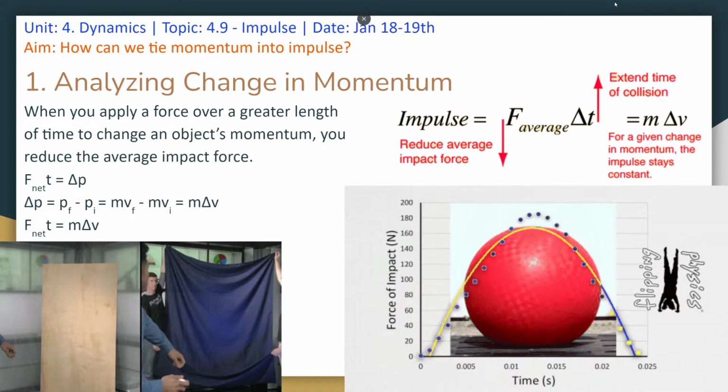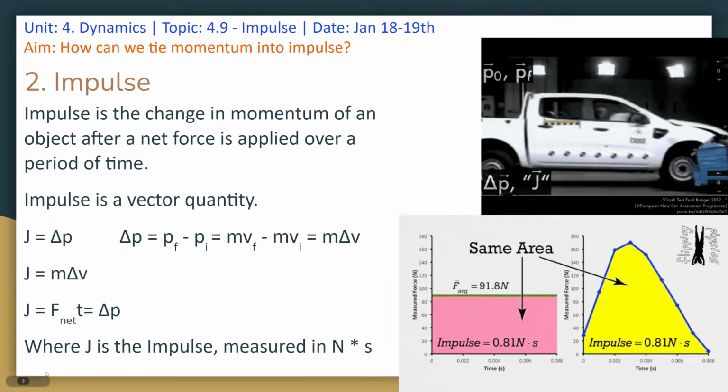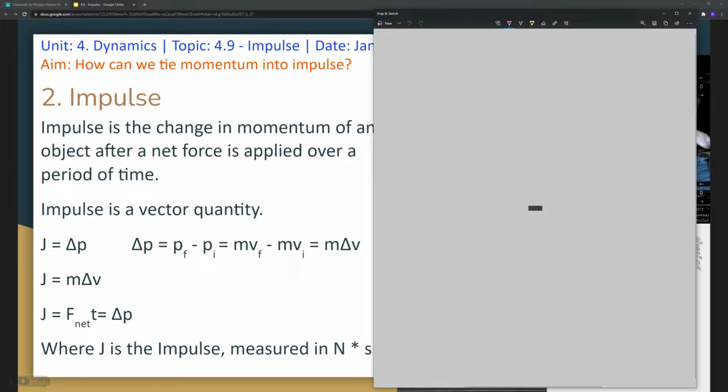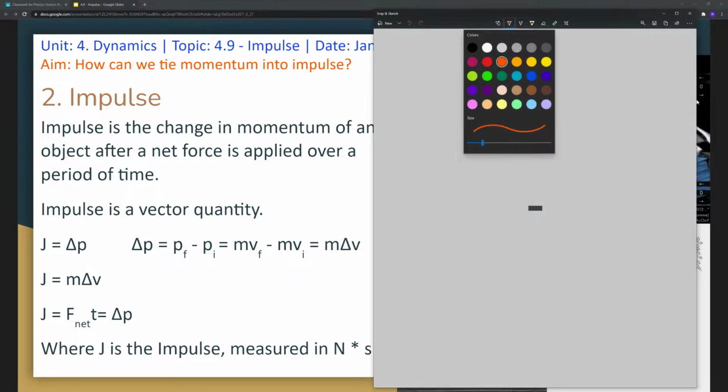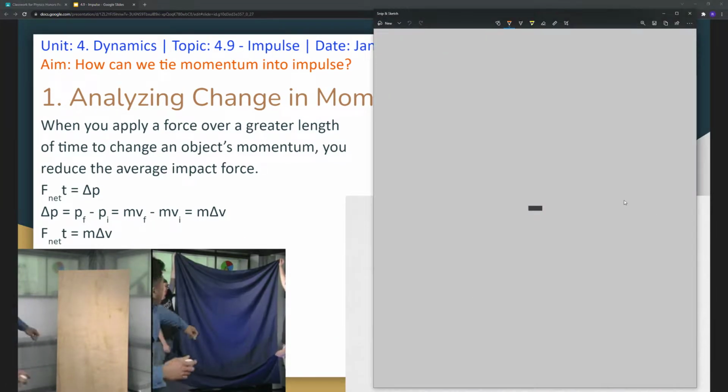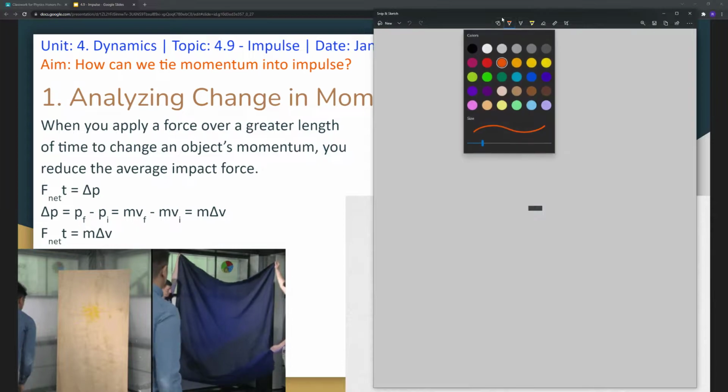Oh, I see it now. Oh, I'm on the wrong slide. Bottom left hand GIF, bottom left hand GIF. Please don't mess up on me. Cool.